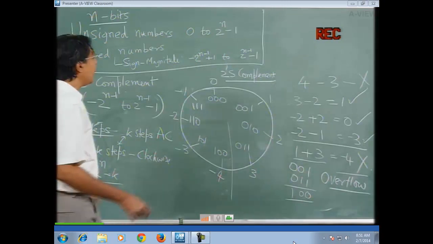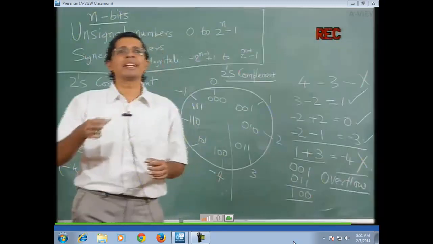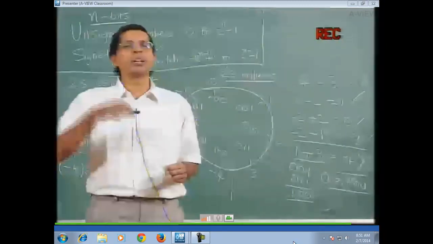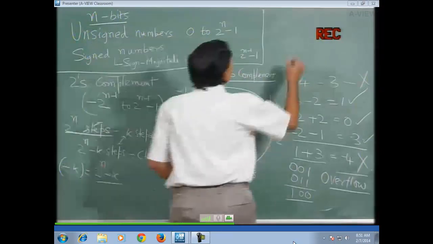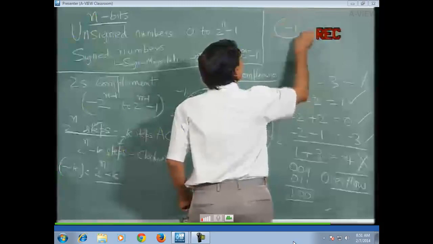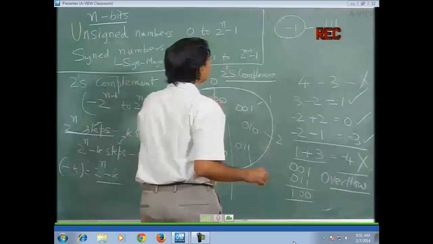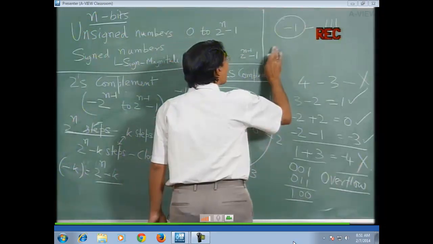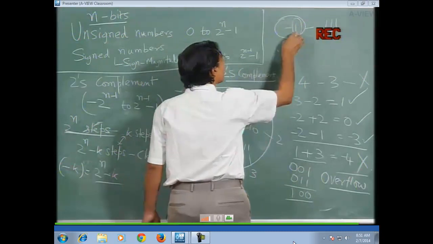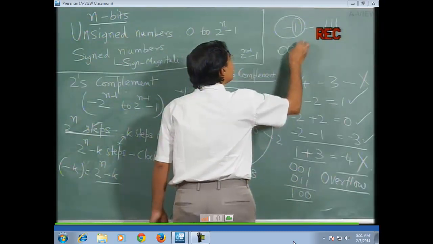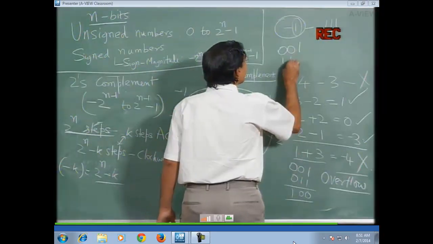Now given minus 1, how quickly will the compiler convert this minus 1 into 2 power n minus 1? I am given minus 1, I should realize 1 1 1. How will I get this? I take the 1, the magnitude part alone, and neglect the sign bit. What is 1 in 3 bits? It is 0 0 1. Then I complement every bit, so it becomes 1 1 0.